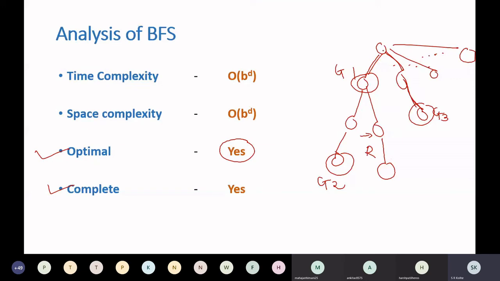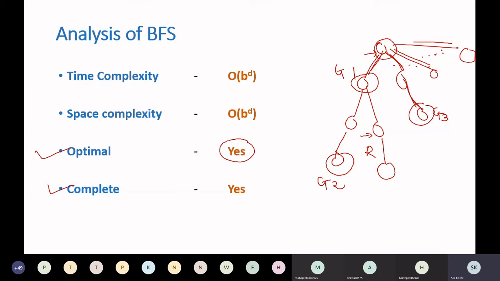Had it been the case of 4 children, what is the meaning of that? From this node, you can apply 4 rules, and those 4 rules will generate the 4 children, 4 successors. So the number of rules decides the number of successor nodes, right? And the number of rules is finite. In any problem, the number of rules is always finite. The number of rules cannot be infinite.